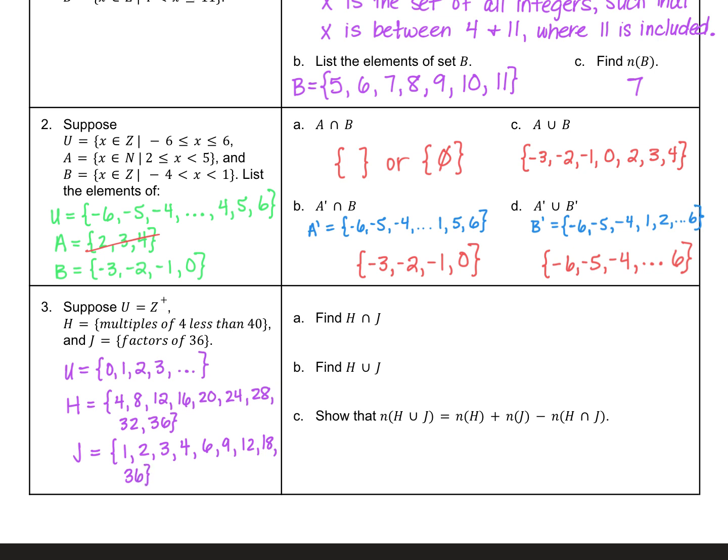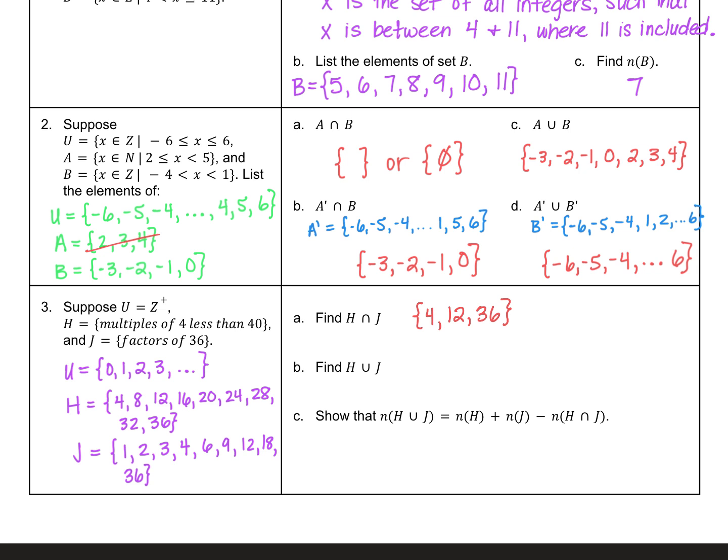All right, so A, it says find the intersection of H and J. H and J both have 4 in common. They also have 12. They also have 36. So that is the intersection: 4, 12, and 36.